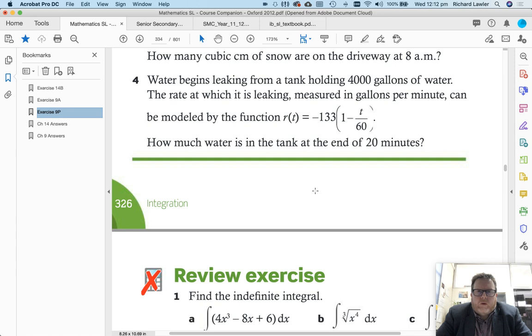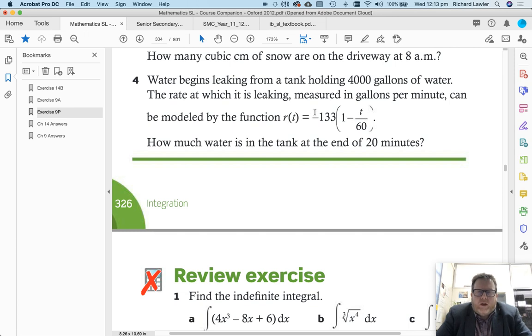So great, we've got a rate. Note that the rate is negative. So built into the rate function is the idea that it's leaking out water. So just be mindful of that, it's already subtracting because of the rate.